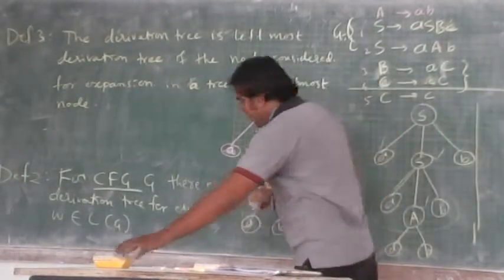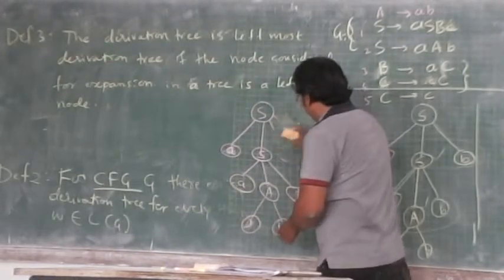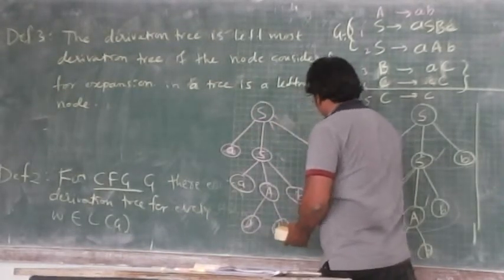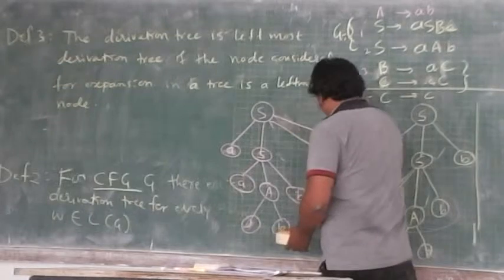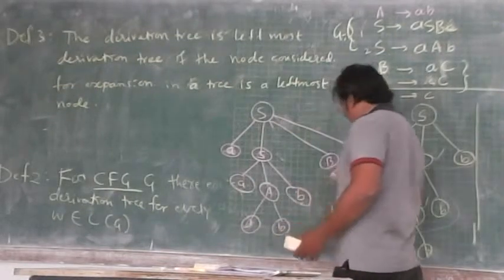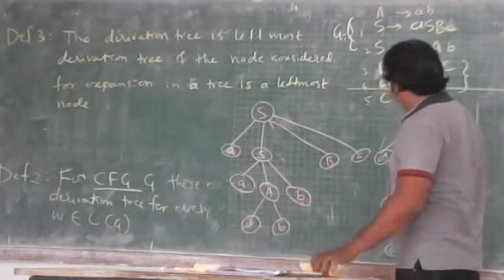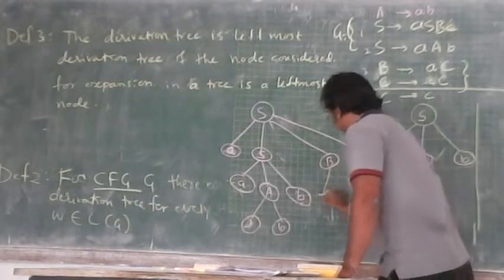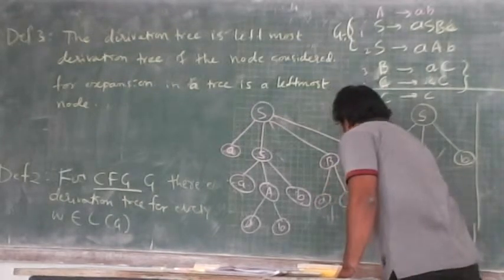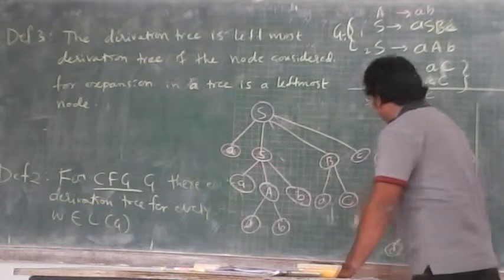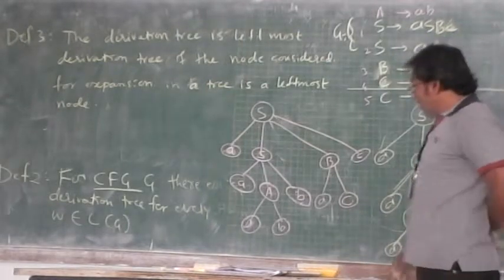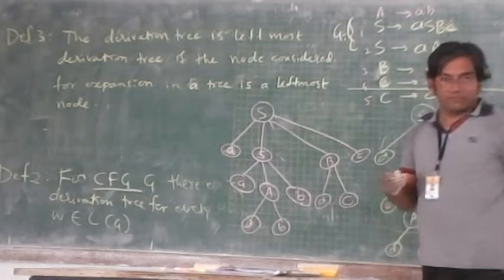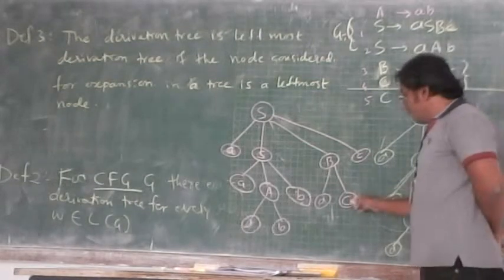I don't have space here, I can make it. It is small c. So B I am taking for further expansion. It is A, and C is a capital C. It is a variable. And what is the next variable, the leftmost variable?